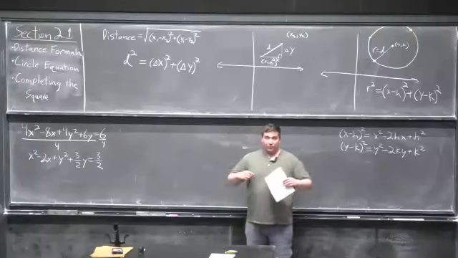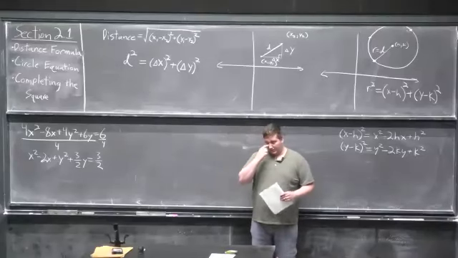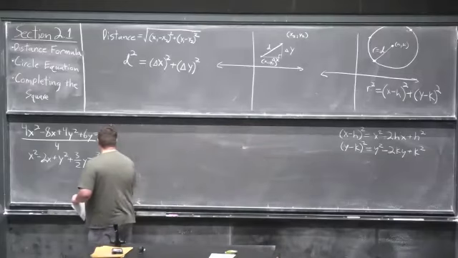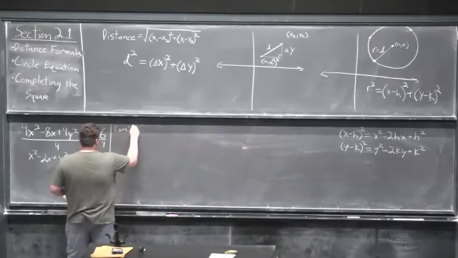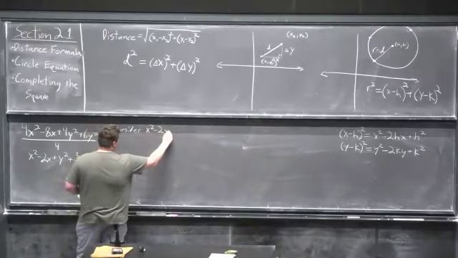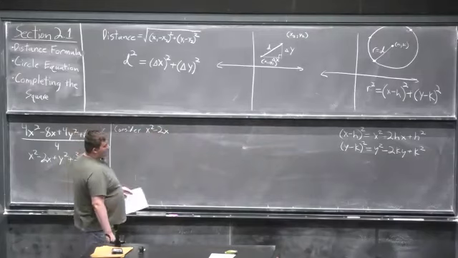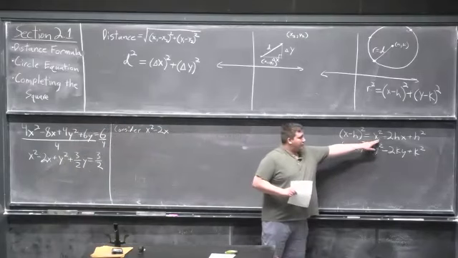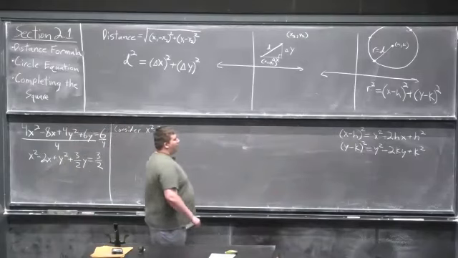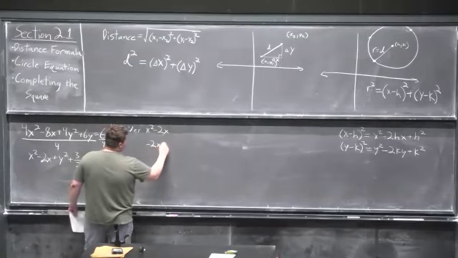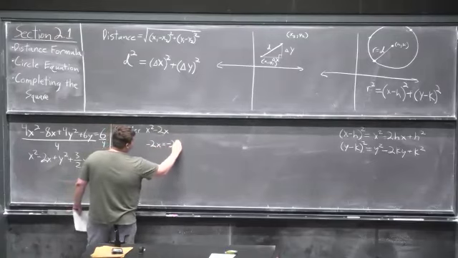Well, for completing the square, and this is the method that we'd use for this, we can pick that apart. So we can consider x squared minus 2x. That looks similar to this expression here. So I want to take a look at that coefficient here, and say that negative 2x must equal negative 2hx.